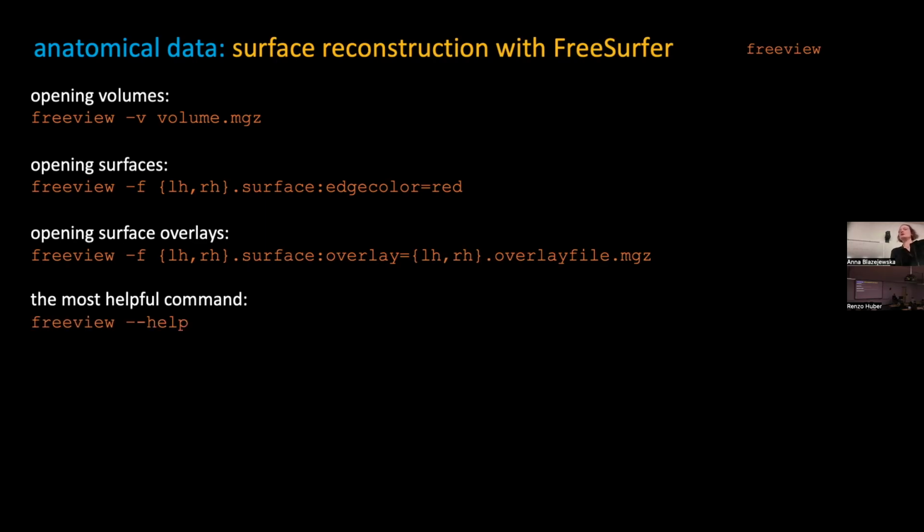And this is the useful command to learn more about the different flags and parameters that you can pass to Freeview. It's a really cool tool if you want to, for example, automatically generate a lot of screenshots for a movie. You can set it up in a loop and it will run across the subjects with the exact same positioning. So it's a pretty neat thing to use and makes things much easier.